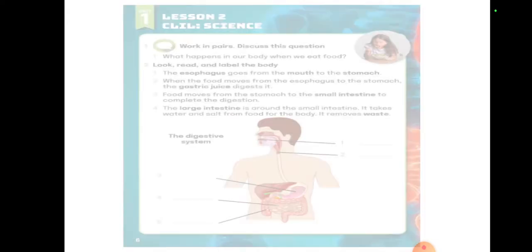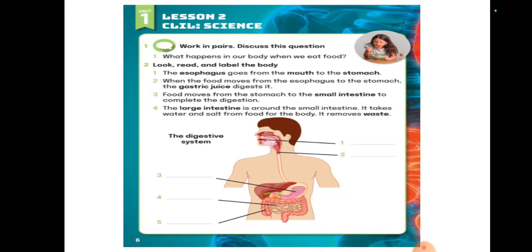And now let's read. Work in pairs, discuss this question. What happens in our body when we eat food? Look, read, and label the body. Number 1.